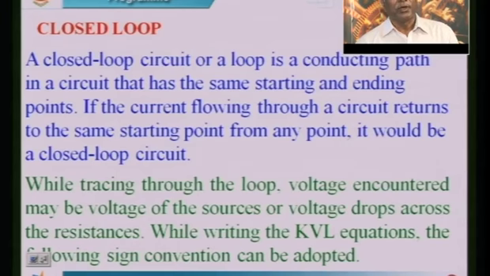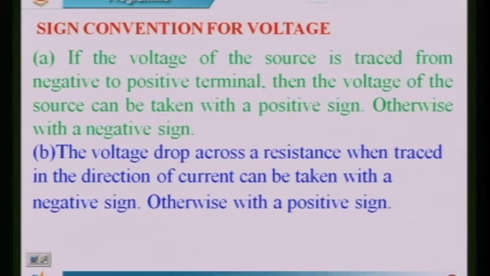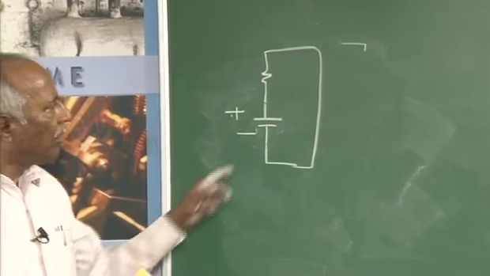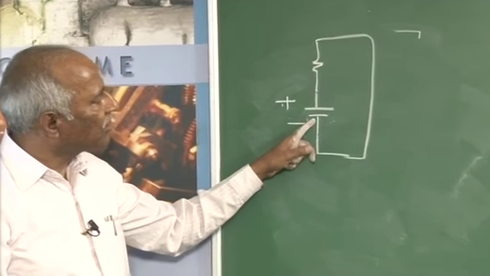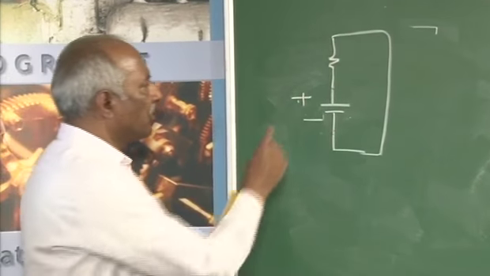While tracing the loop, voltage encountered may be the voltage of the sources or voltage drop across the resistances. While writing the KVL equations, the following sign conventions can be used. If the source voltage is traced from negative to positive, the voltage can be taken as positive.